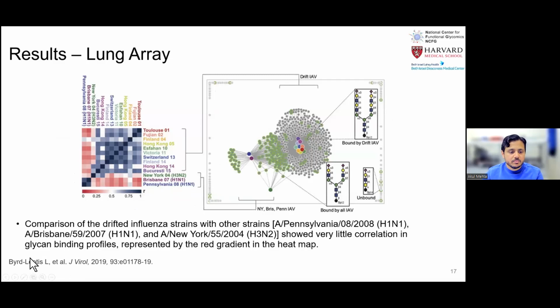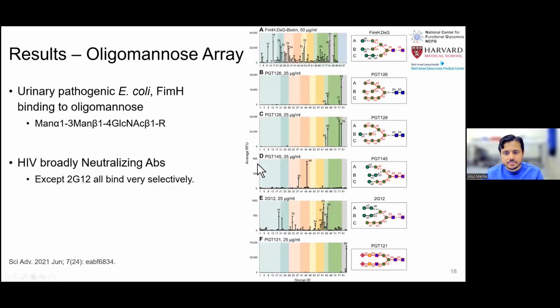In this paper by Bird-Liotis in the Journal of Virology, we studied influenza binding on glycans derived from the human lung, and in this study we found that drift influenza strains, which are those that are moving towards resistance, started binding more to polylactosamine structures and sialic acid containing polylactosamine structures compared to the regular strains of influenza viruses.